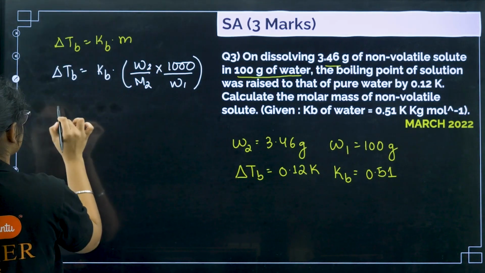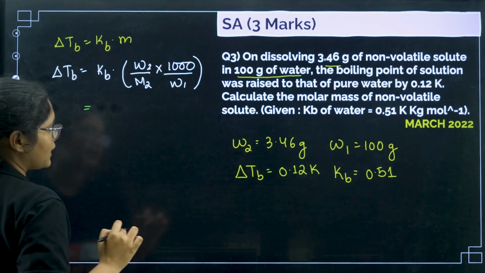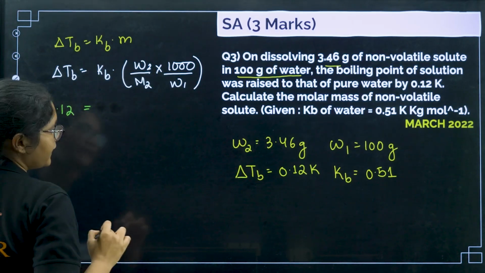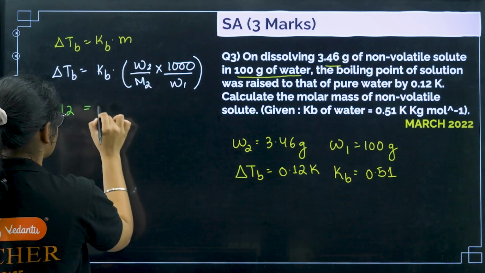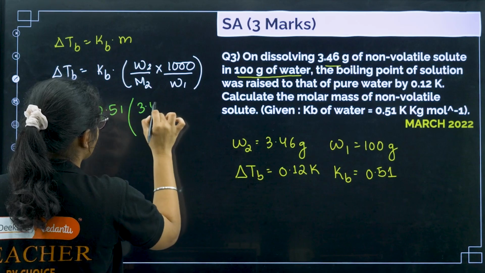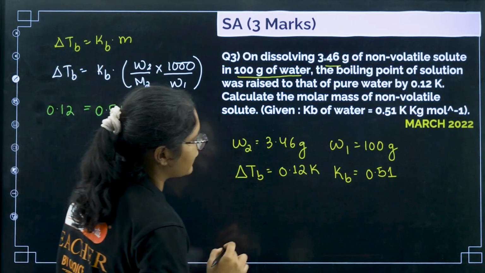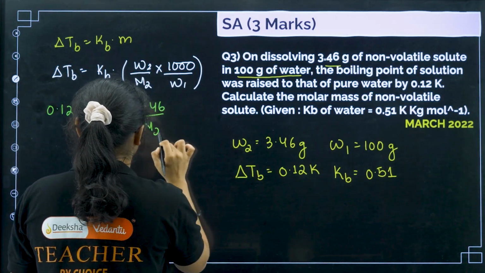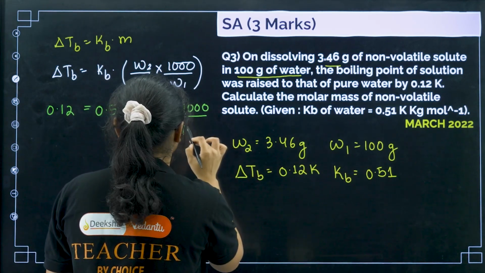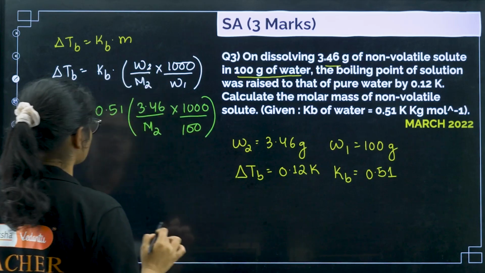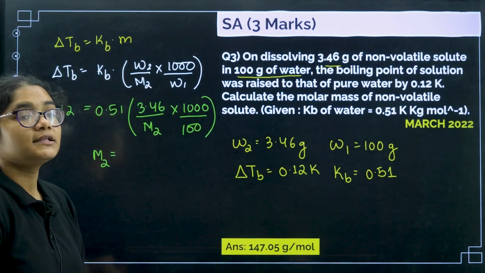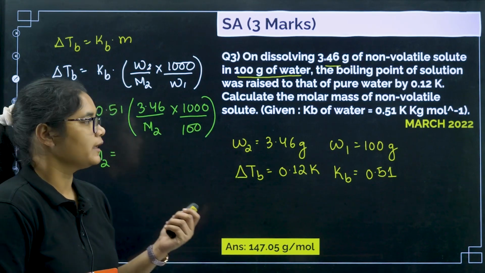Now if I substitute these values, delta TB is 0.12, Kb value is 0.51, W2 is 3.46 and M2 we have to find out, into 1000 by W1 is 100. Now if I solve this, M2 value will be 147.05 gram per mole.